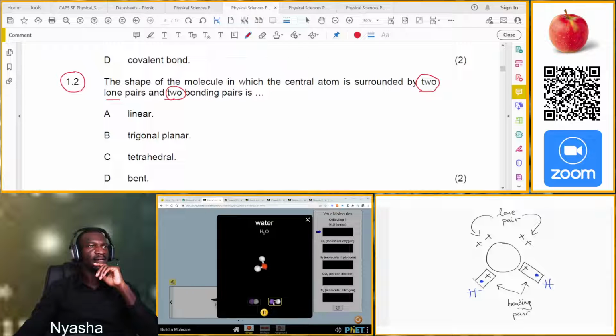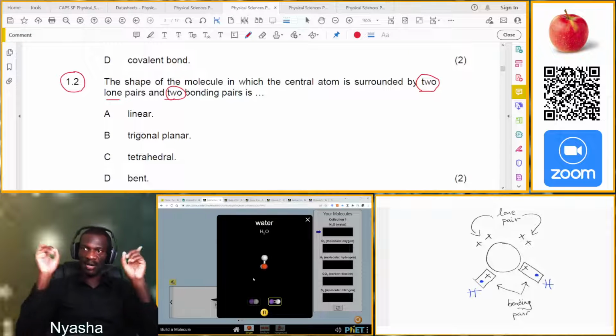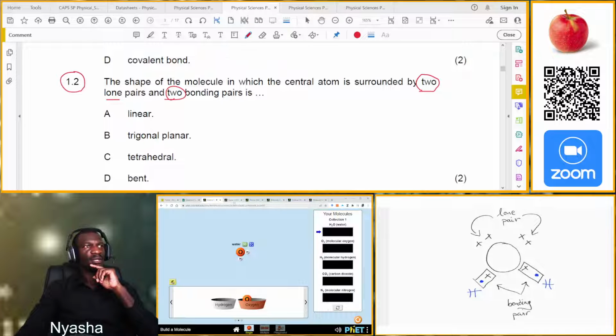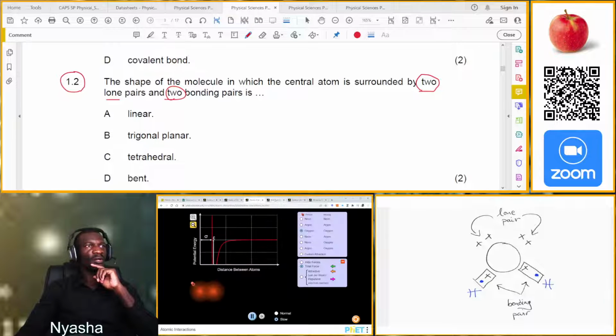And if we look at the bonds, we have these two bonds. So these are our bonding pairs. The lone pairs are not easy for us to see in this animation. So what are we looking for?